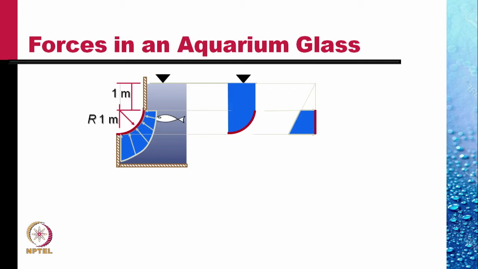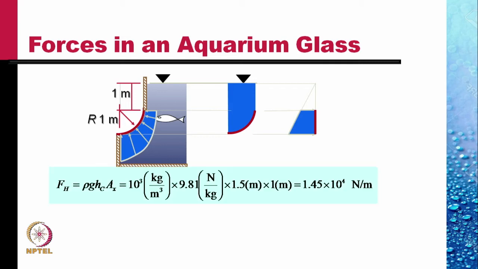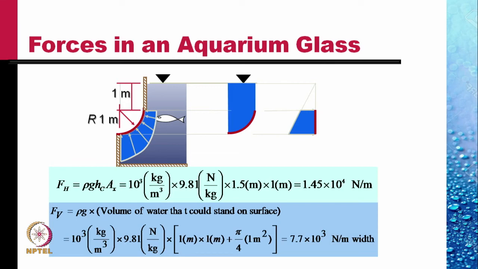So this pressure would be rho times g times 1.5 meters, and we multiply by the vertically projected area to find the horizontal component of the pressure forces. This is the horizontal force, and the vertical force is rho g times the volume of the water that could stand on the surface.